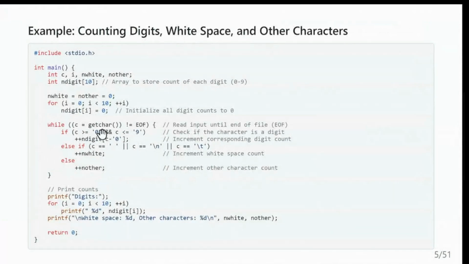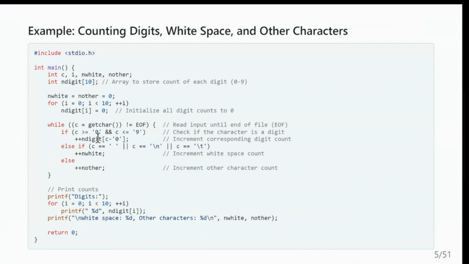You can see now we're comparing this new character to the character 0 and the character 9. As long as it's in between or equal, we say that's a digit. And then we add 1 to its corresponding number in this array.